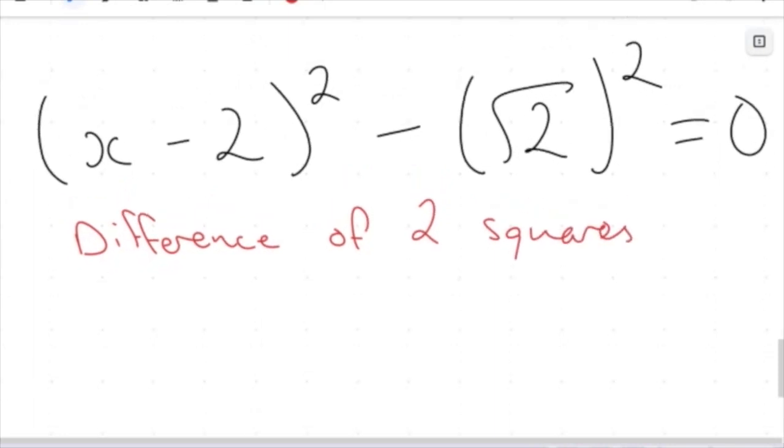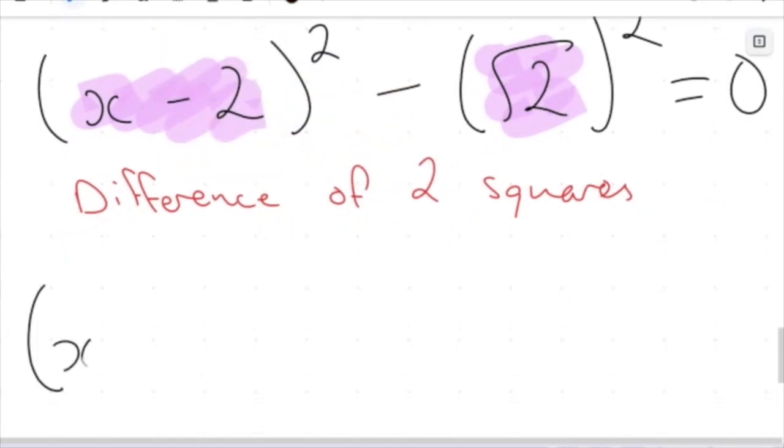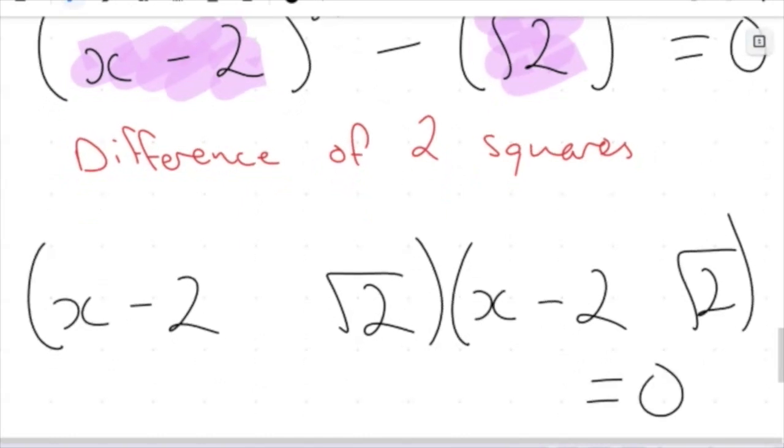Now, when we have a difference of 2 squares, that means we have this term and this term in my brackets. So not the squared part. But we're going to have x minus 2 here, and we're doing some operation with root 2, and we have x minus 2, and then another operation with root 2 equals to 0.